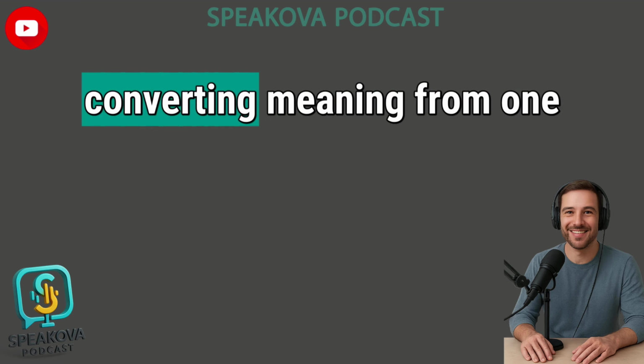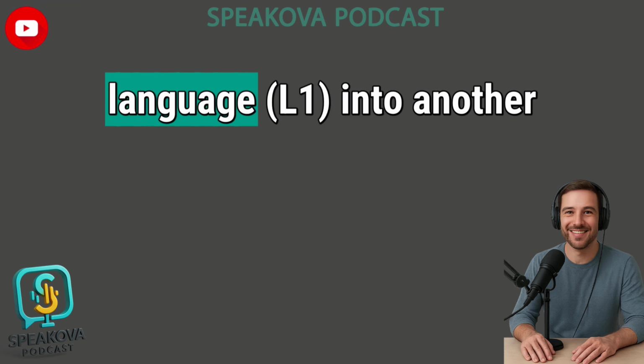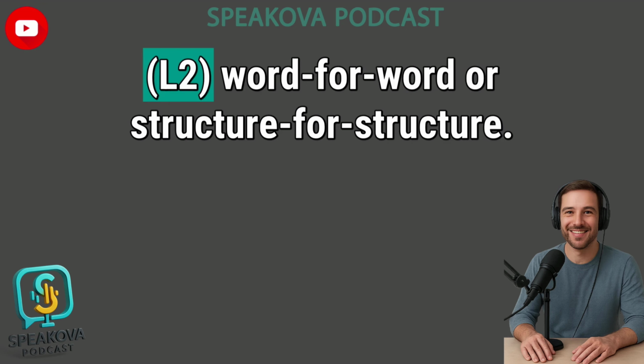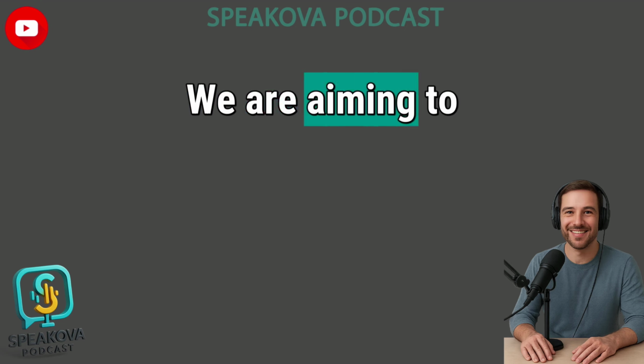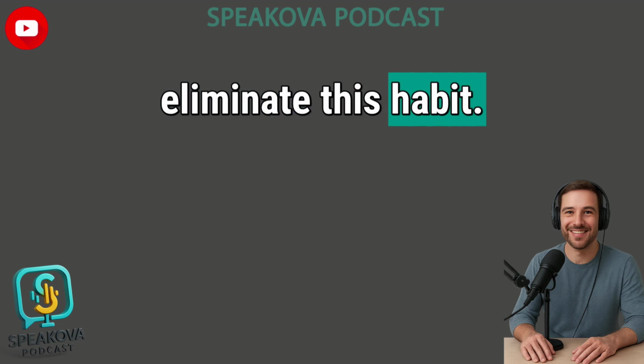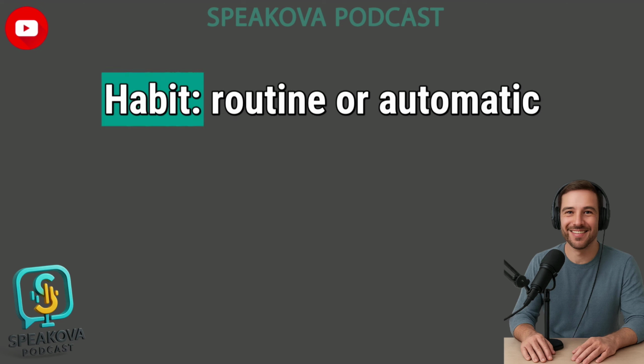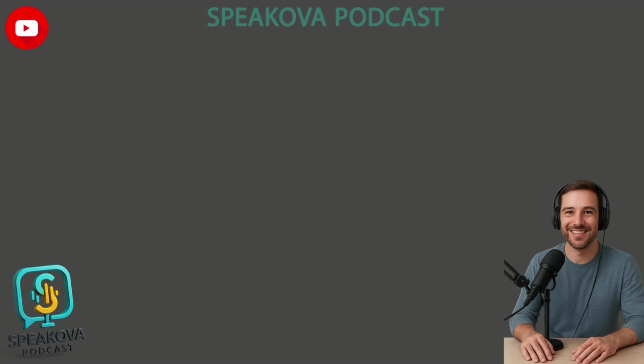Translate. The process of converting meaning from one language L1 into another L2, word for word or structure for structure. We are aiming to eliminate this habit. Habit. Routine, or automatic behavior.